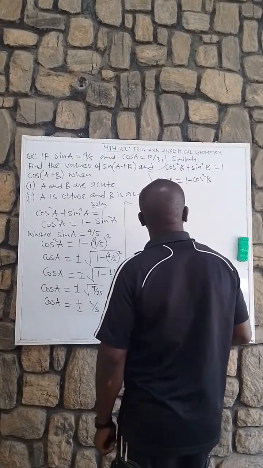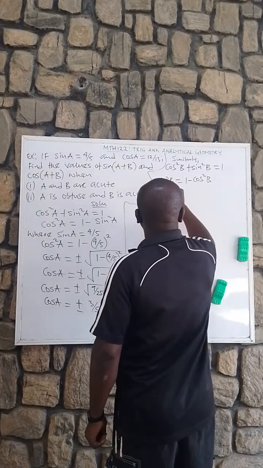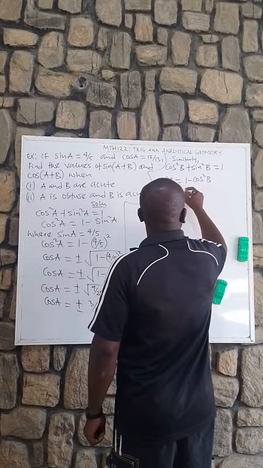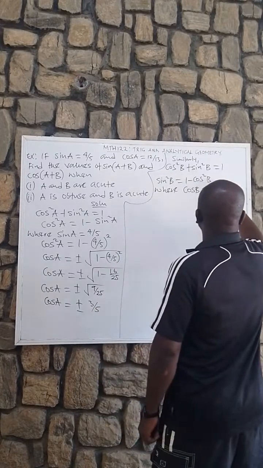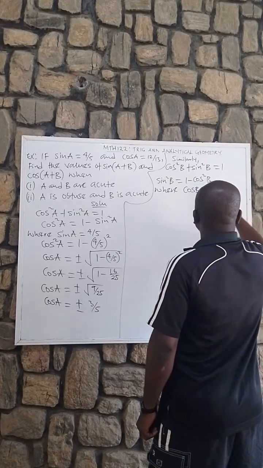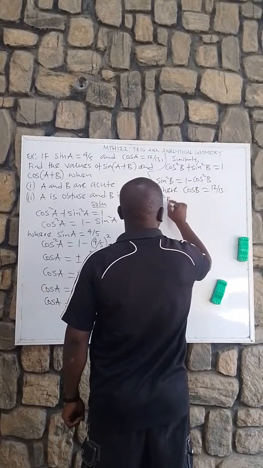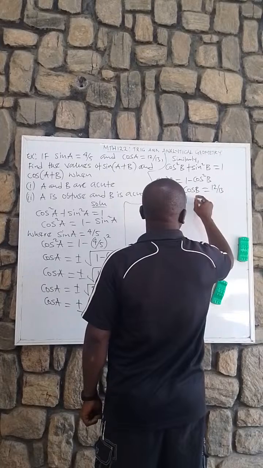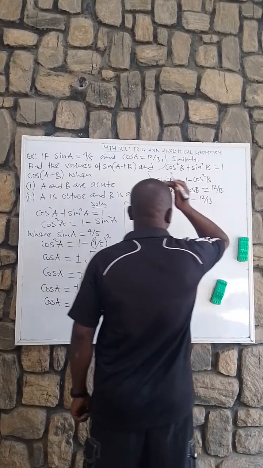Yeah. So far, so good. Where our cos B is given as 12 all over 13, then our sine square B now equals 1 minus 12 all over 13, right?